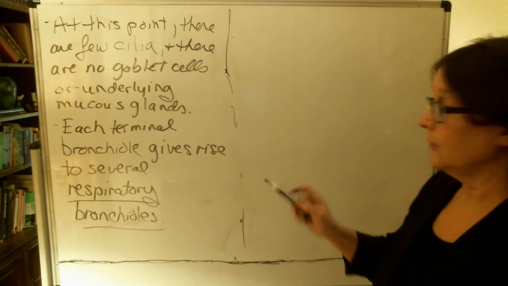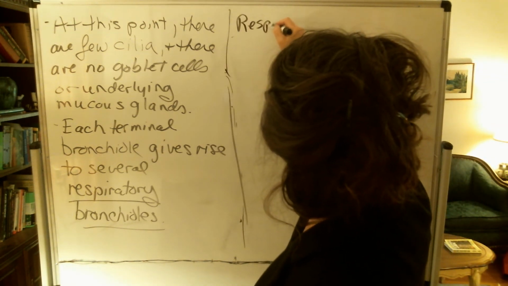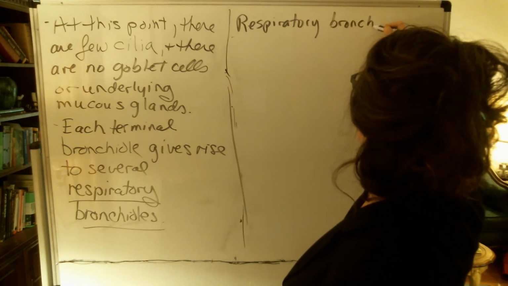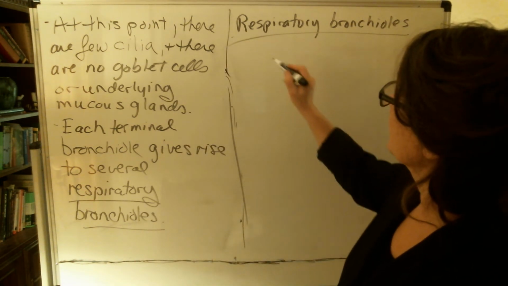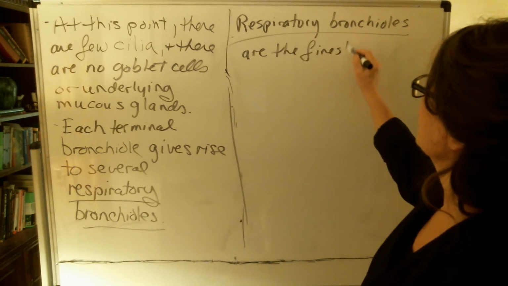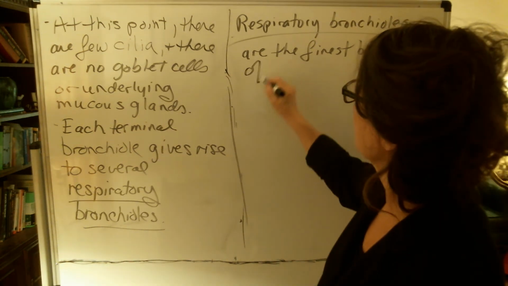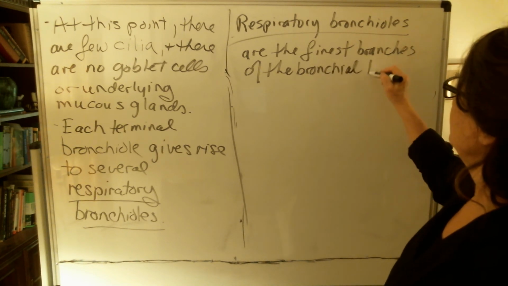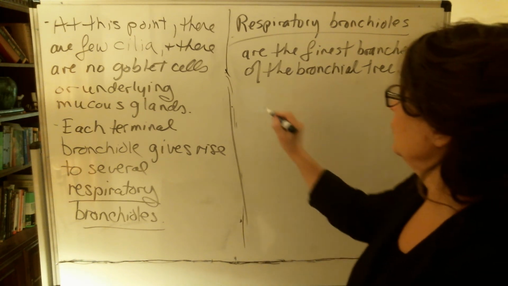So now, finally, the respiratory bronchioles then are the finest branches of the bronchial tree. So now we've gotten down to the smallest tubes.